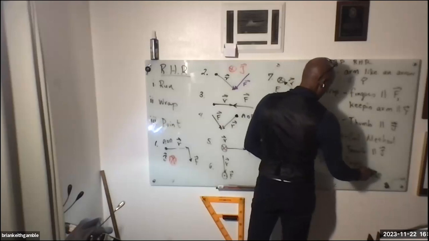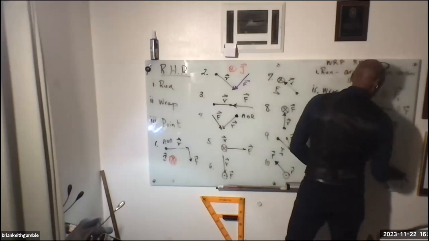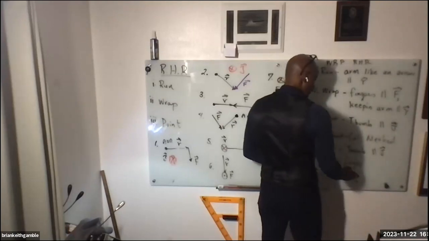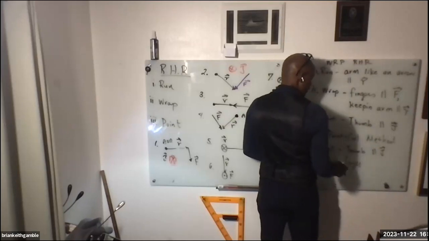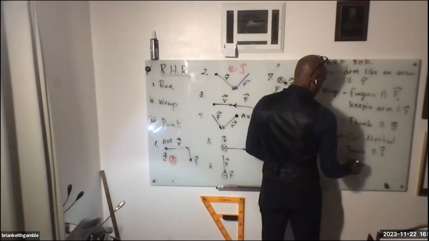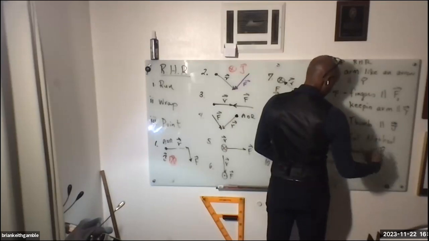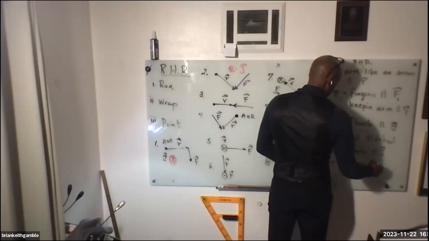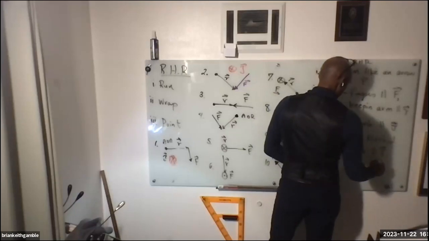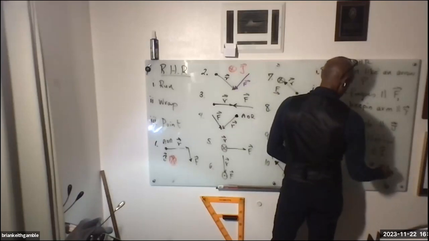I don't really want to say parallel because with circular motion, you're not parallel to it. You're only parallel to a tangent of it. So the language that I use is wrap fingers. The fingers will wrap in the orientation of the motion, in the orientation of the rotation.